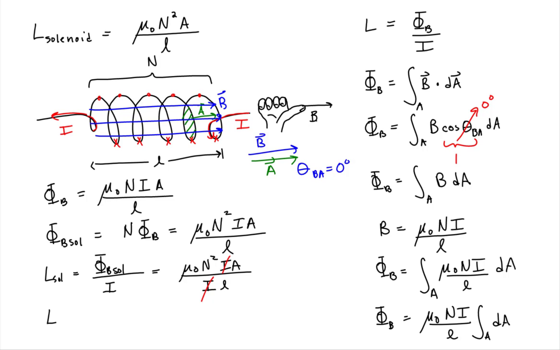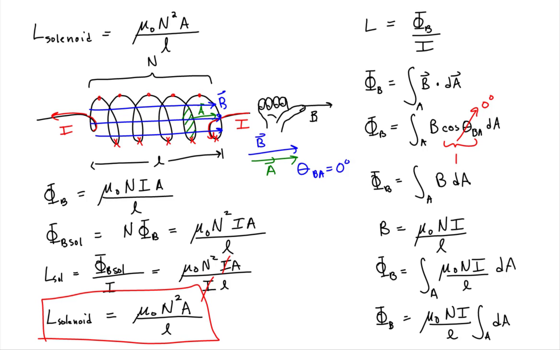What we have left now is the result that we are looking for, that the inductance of a solenoid is equal to the product of the permeability of free space, the number of loops in the solenoid squared, the area of a loop in our solenoid, divided by the length of our solenoid.